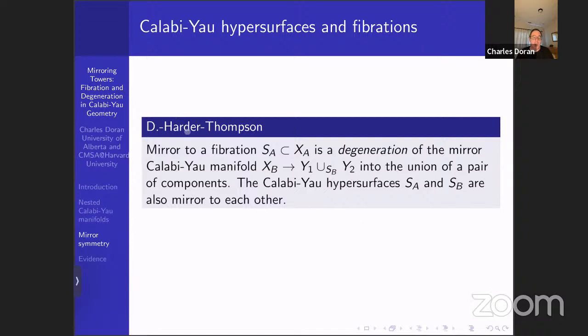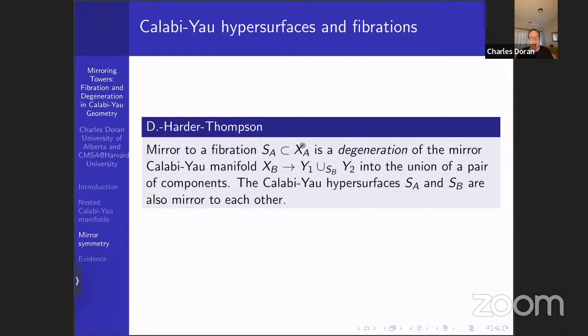So a conjecture of mine with my former grad student, Andrew Harder, and former postdoc, Alan Thompson, which goes under the name DHT mirror symmetry these days, starts with this basic assertion that mirror to a fibration is the Calabi-Yau codimension 1 submanifold SA in XA.